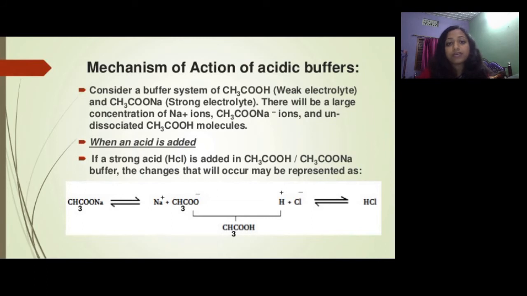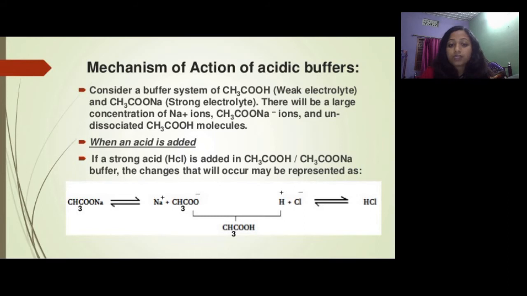Now we have to understand the mechanism of action of acidic buffers. Let us take the example of acetic acid and its sodium salt, sodium acetate. Now here the equation is given. The sodium acetate dissociates to give sodium plus ion and acetate ion. Then if we add HCl, a strong acid, to a mixture solution of acetic acid and sodium acetate, then what will happen?